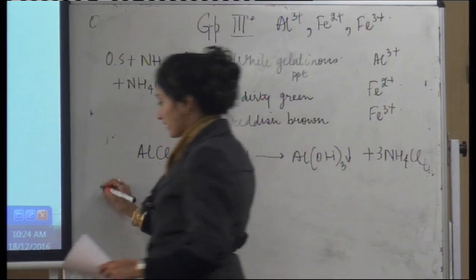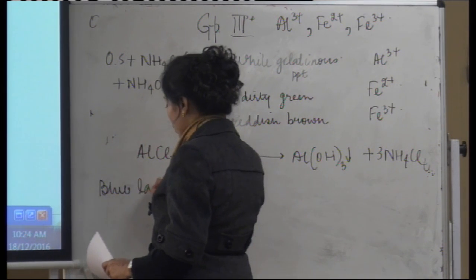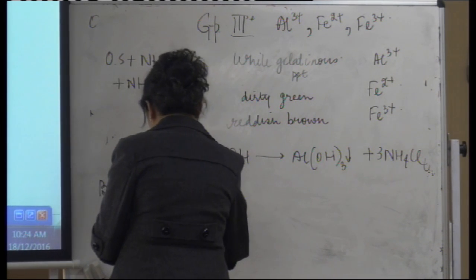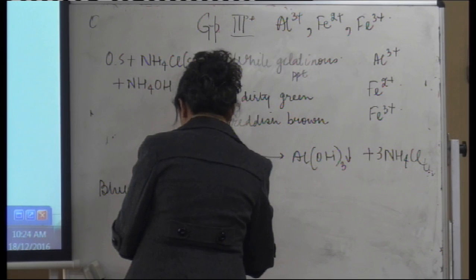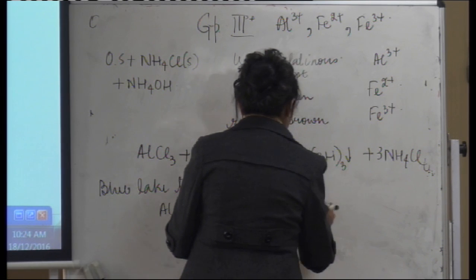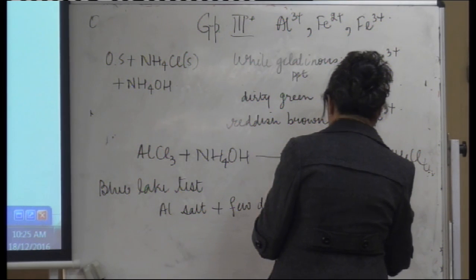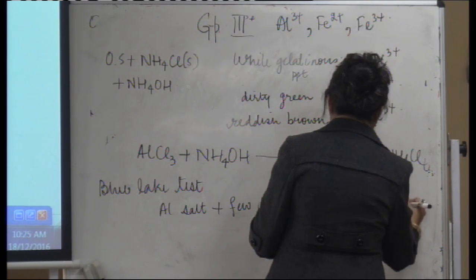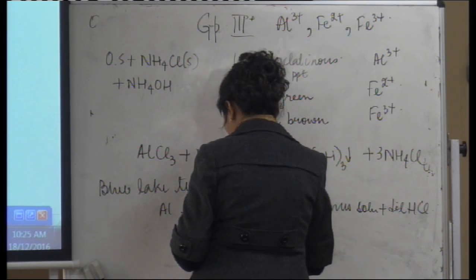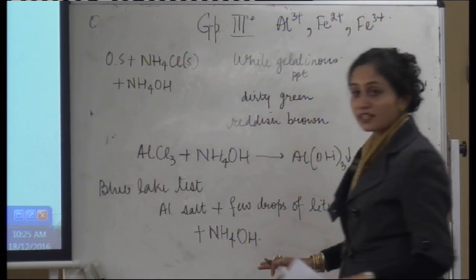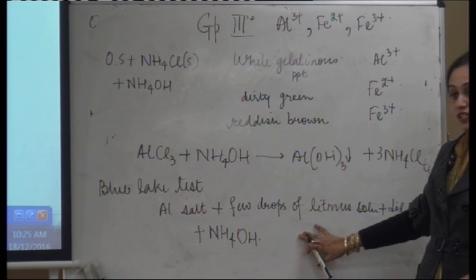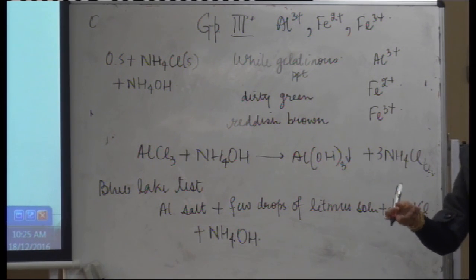Okay, now the blue lake test is like the confirmatory. I don't know which one do you follow. And blue lake test can be performed as the confirmatory for aluminium, and in that you have the aluminium salt plus a few drops of litmus solution, litmus solution, let me tell you, acts as a pigment, plus dilute HCl plus NH4OH. अच्छा, और एंट्रेंस में IIT JEE में 2 years back there was a question based on it that what is your litmus pigment adsorbed on.